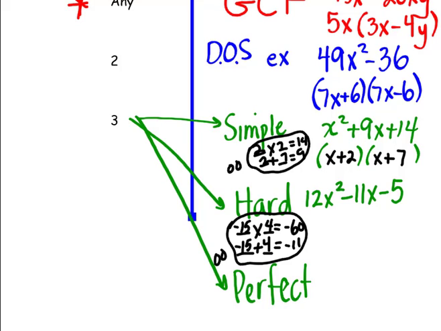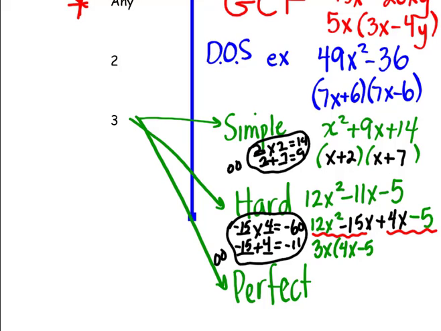Now with hard trinomials, we have to do a couple extra steps. We have to break down that middle term using those two numbers I found, so negative 15x plus 4x. Now I do what's called factor by grouping. So I look at the first two and I look at the second two. The greatest common factor there is a 3 and an x, and it leaves me with 4x, take away 5.